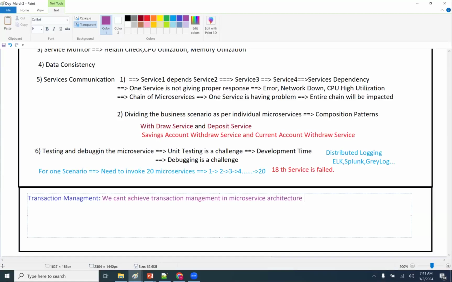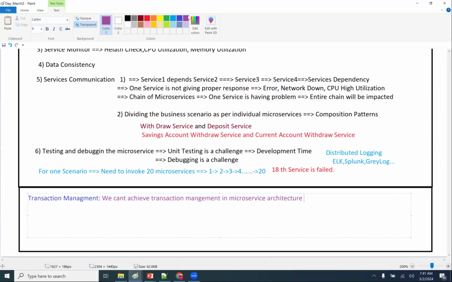Because every service has its own database. Every service is defined in its own programming language. There is no relation from service 1 to service 2, service 2 to service 3, service 3 to service 4. Like that, there is no relation, guys. Yes or no, guys? There is no such relation.